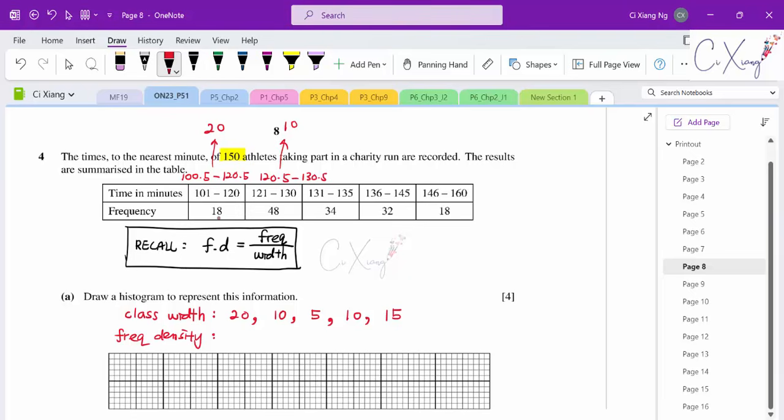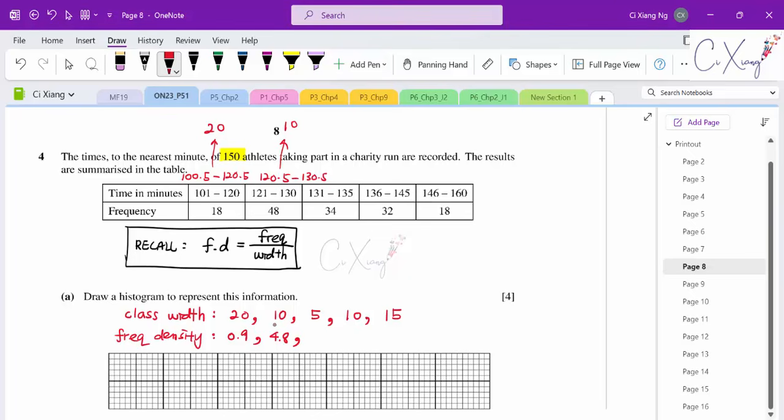For the first class, the frequency is 18. To get the frequency density, I take 18 divided by 20, which gives 0.9. Then for the second class, the frequency is 48 divided by the class width, which is 10. Therefore, the second class has frequency density 4.8.